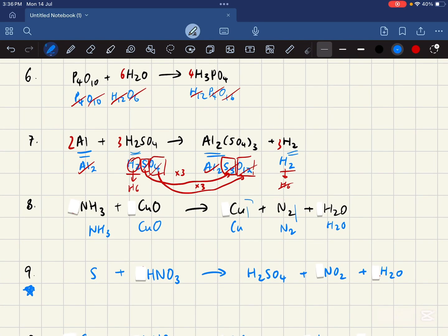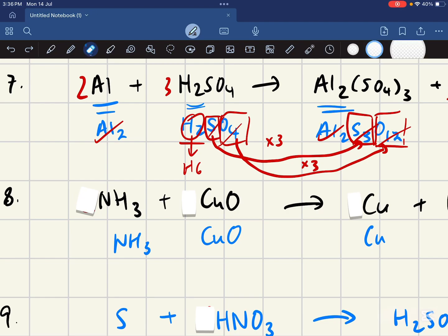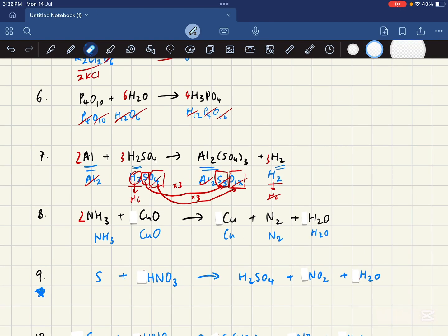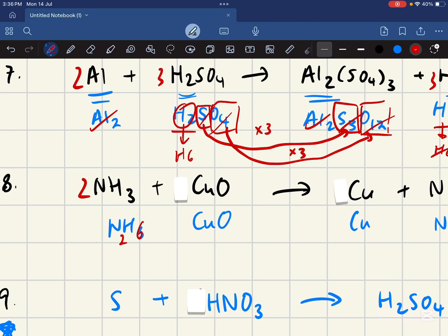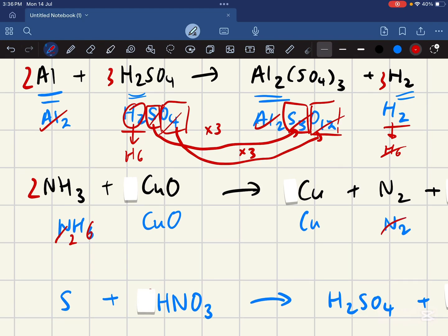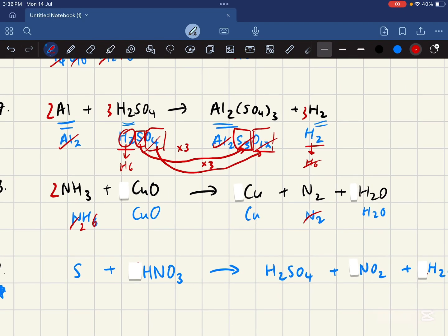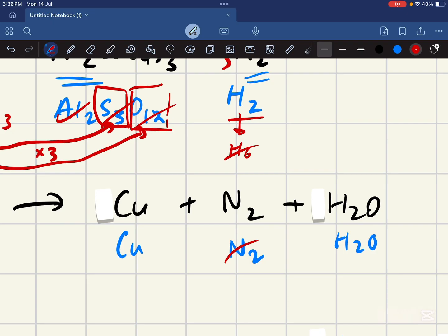And even Cu is separated. We'll focus on N2 first. To balance it, we'll add a 2, and H3. Now after that, the H3 will become a H6. Okay, we'll just do that. So N2 is done, N2 is done, H6, and here we have a H2O.